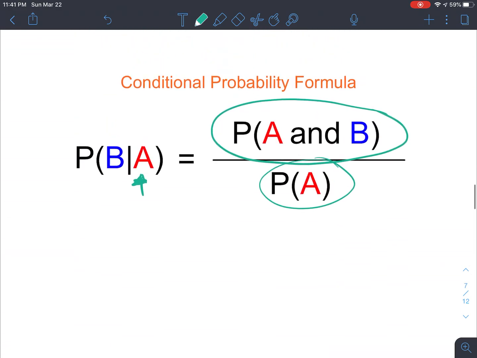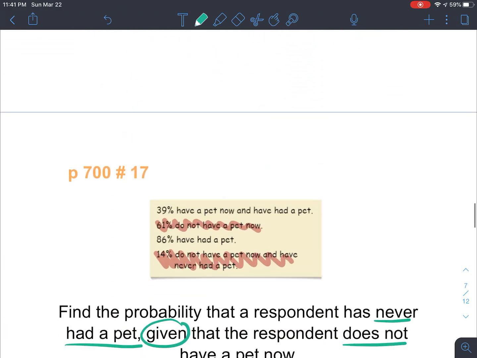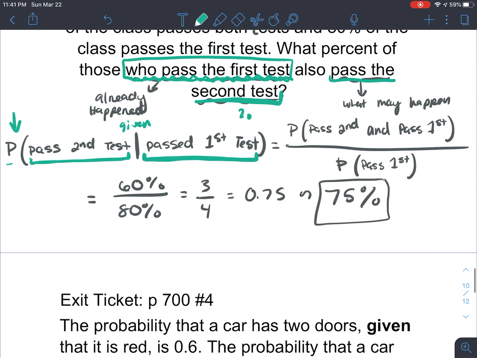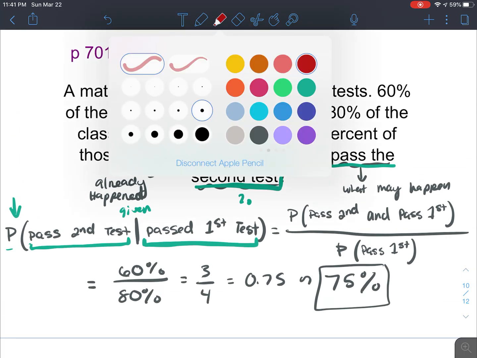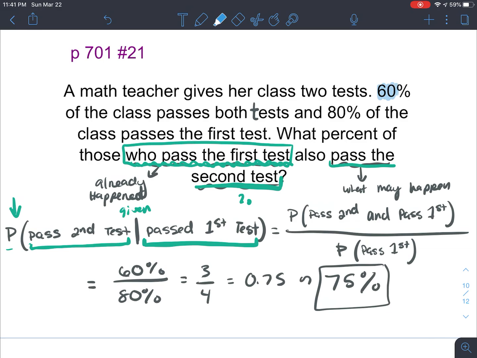Okay, so now we use the formula, right? The probability of A and B over the probability of A. So we have to find the probability that you've passed the second test and passed the first test over the probability that you have passed the first test. So if we look in our question, 60% of the class passed both tests.